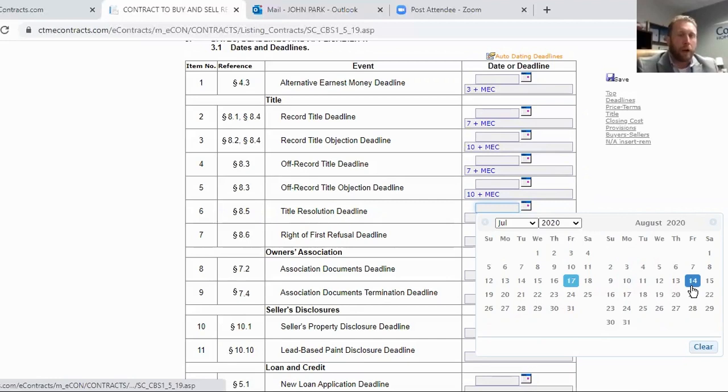And I know that if my objection deadlines are on a Monday, it's usually a really, really bad idea because you're trying to get a plumber or another roofer to call you back, something along those lines. So try to be cognizant of the way that you write your contracts and then write all of them the same way. So I know that on a Tuesday will be all of my objection deadlines. Got you. And then all of my resolution deadlines are either going to fall on a Thursday or a Friday.